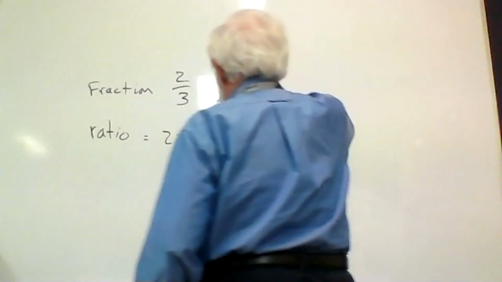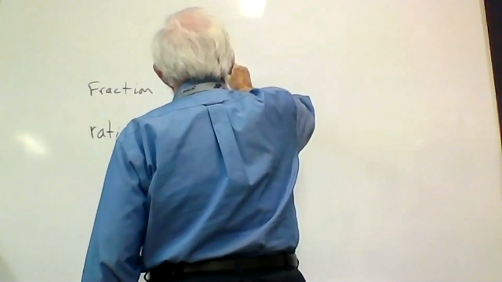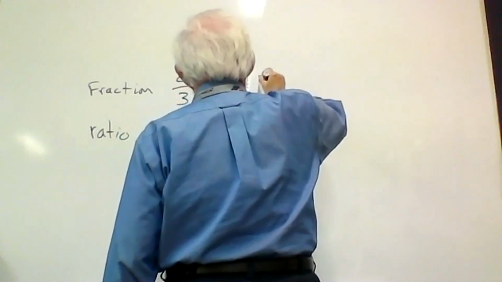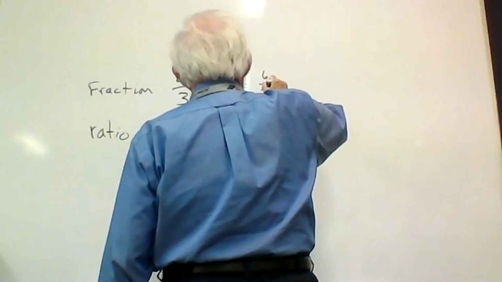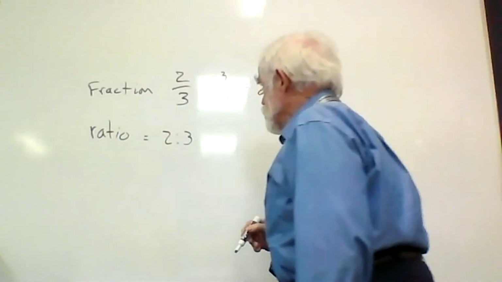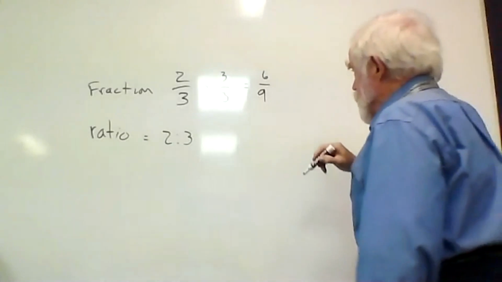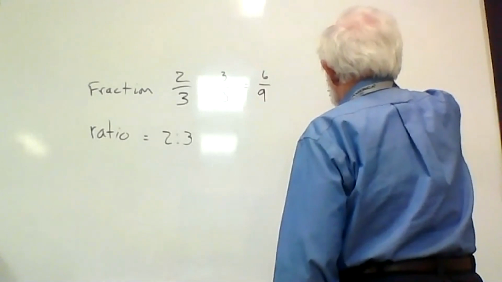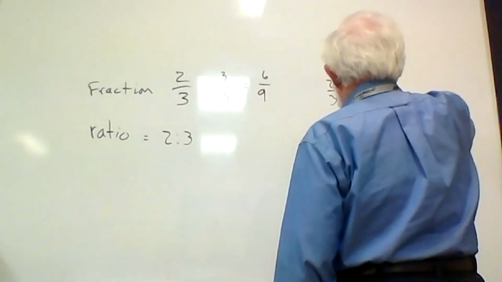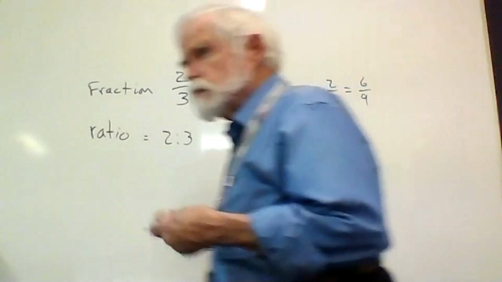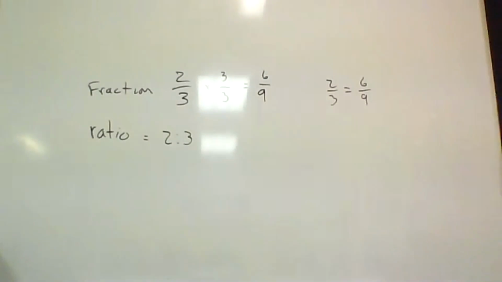So if I multiply this times 3/3, I'm going to get 6/9. This fraction, 2/3, then equals 6/9 because, of course, we can reduce that by simply dividing each of the numerators.